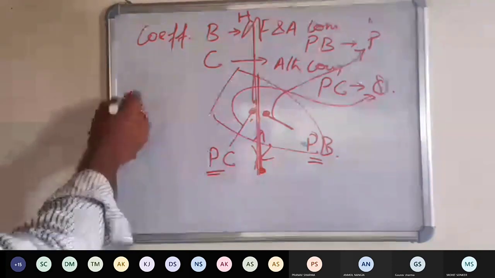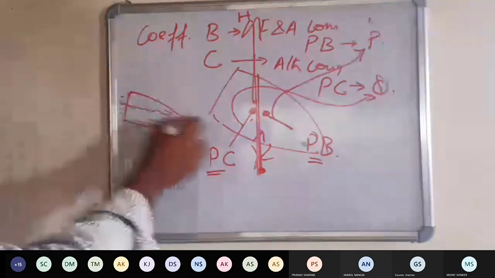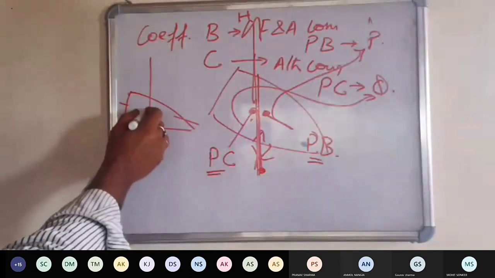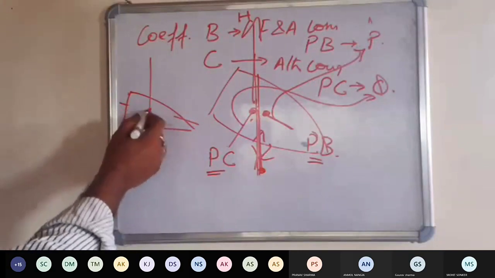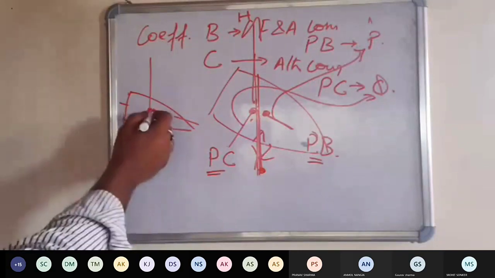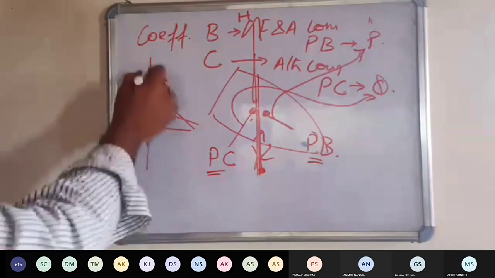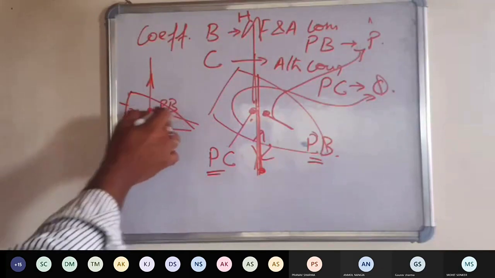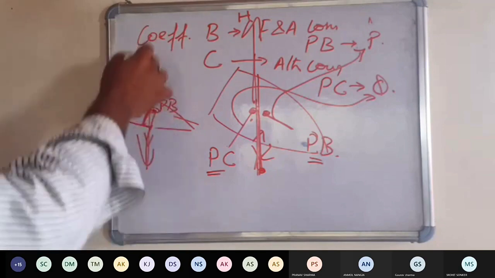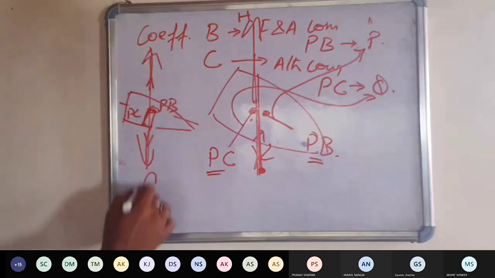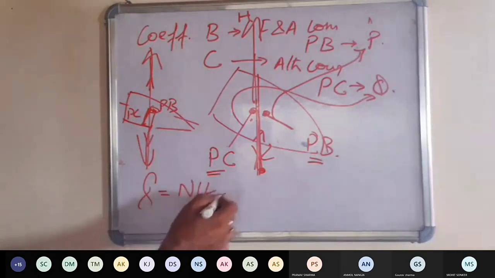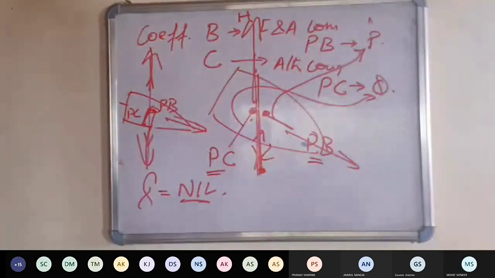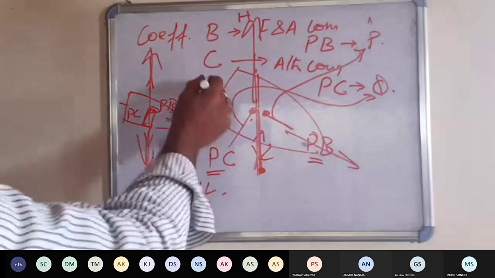When the ship is being built with more towards 90 degrees, the athwartship component will be more and this will be less. So again the resultant is on the same line, the PC being high and PB being small. Resultant still remaining in the same line. That means the deviations are nil on these courses when the ship is being built, and also opposite to it.